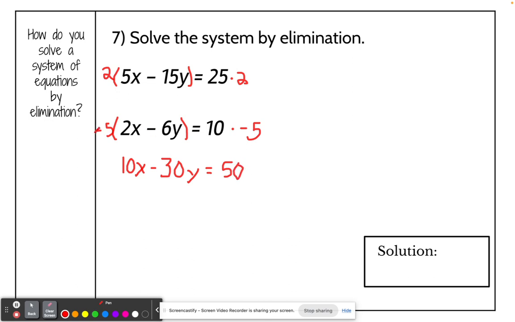The bottom equation, negative 5 times 2x is negative 10x. Negative 5 times negative 6y is positive 30y, and I can see those are going to cancel out. 10 times negative 5 is negative 50.